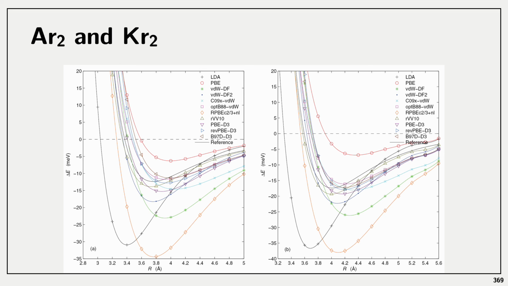But the take-home message is this one: you have different types of functionals, some being corrected for van der Waals, some not, like the LDA and PBE are not corrected for van der Waals. And you see those different approaches. They're doing a pretty good job at finding the lattice constant, but they are not on top of each other, right?